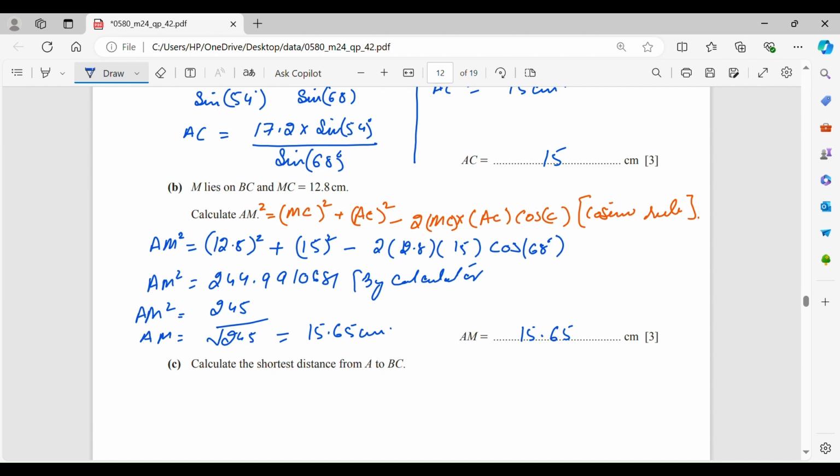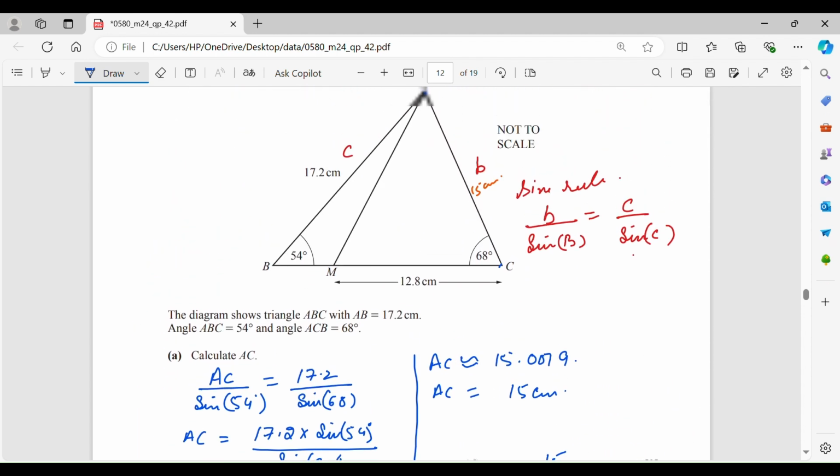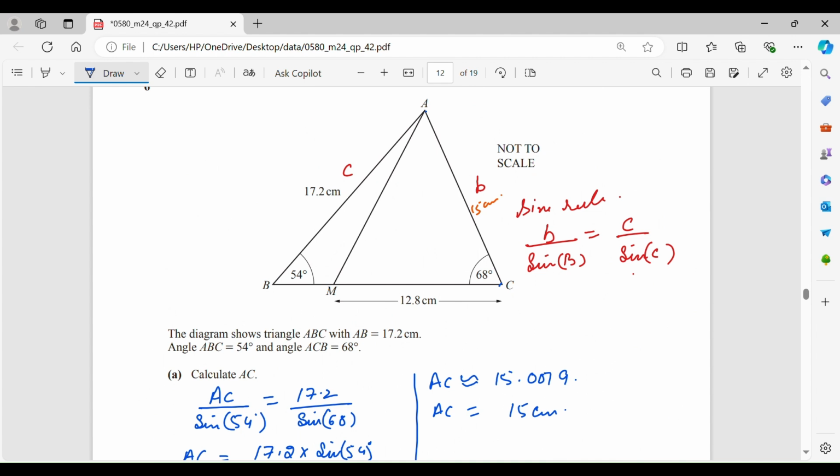Next part. Calculate the shortest distance from A to BC. As we know, the shortest distance is the perpendicular distance. So we need to construct one perpendicular from A to BC. This will be BC.